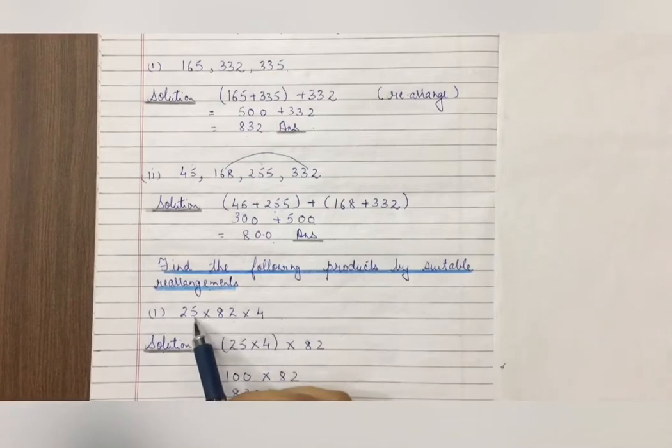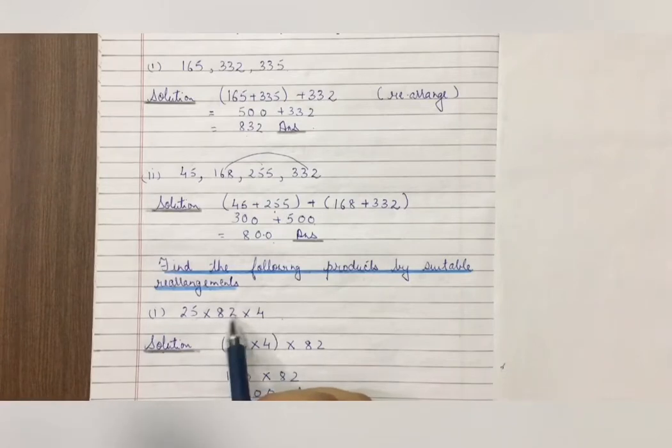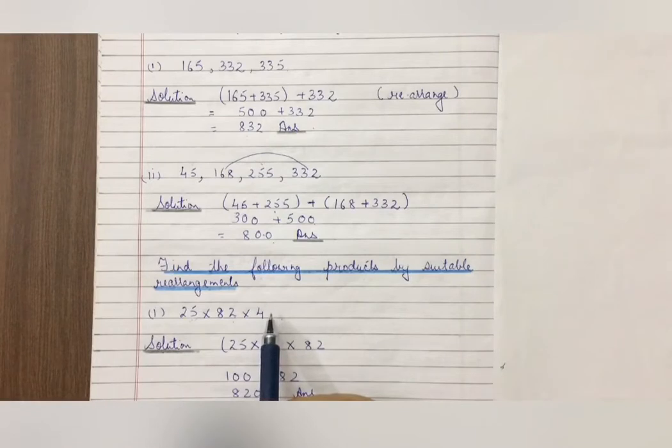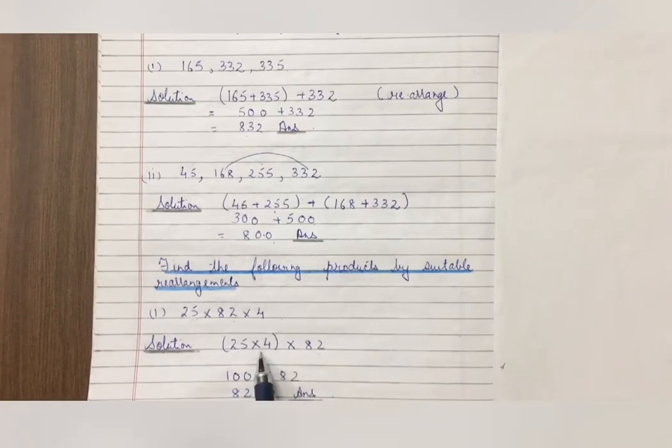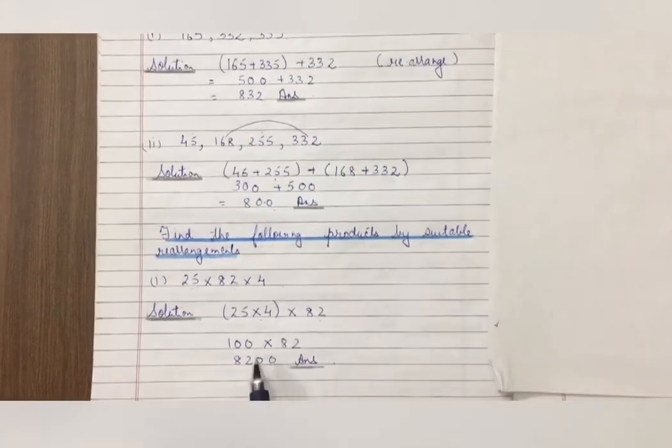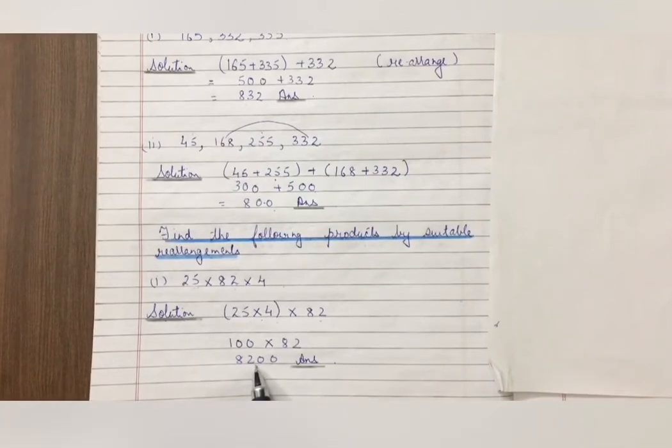So if I multiply 25 by 2, I am getting 50. But if I multiply 25 by 4, I will get 100, which has 2 zeros, and multiplying by 100 becomes an easy table for us because we just have to add zeros. So I have grouped 25 into 4, then multiplied by 82. 25 into 4 gives me 100. 100 multiplied by 82 is 8,200, my answer.